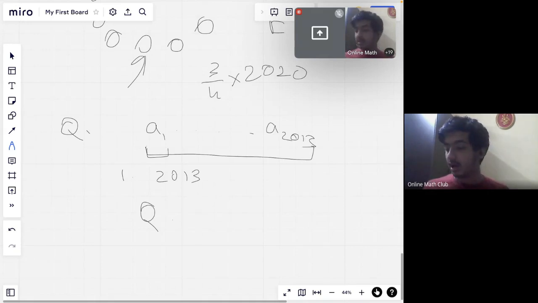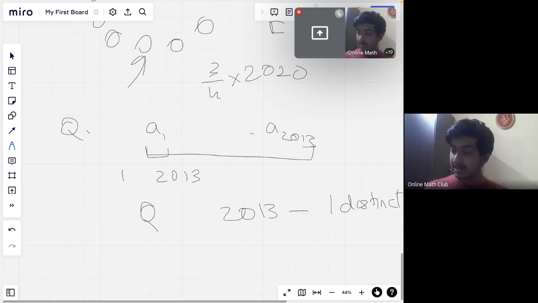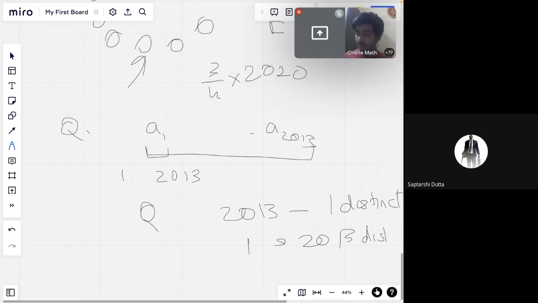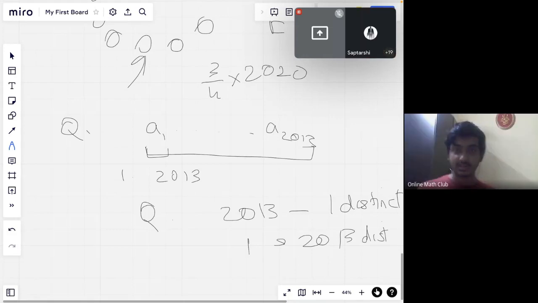For example, there are 2013 ways to get one distinct number, but there's only one way to get 2013 distinct numbers. You need to take a weighted average with the probabilities, like expected value. It's not just an average.